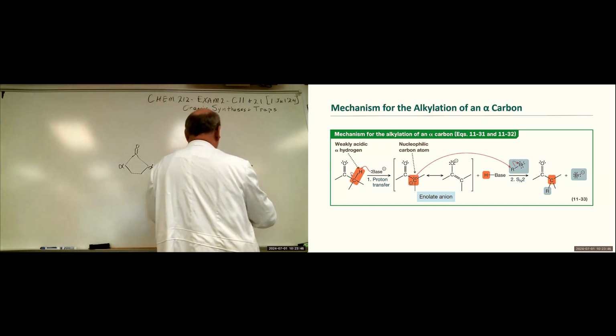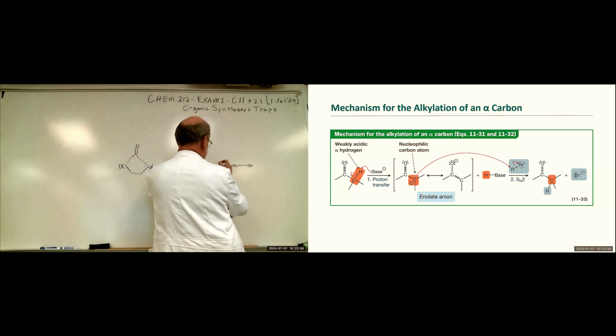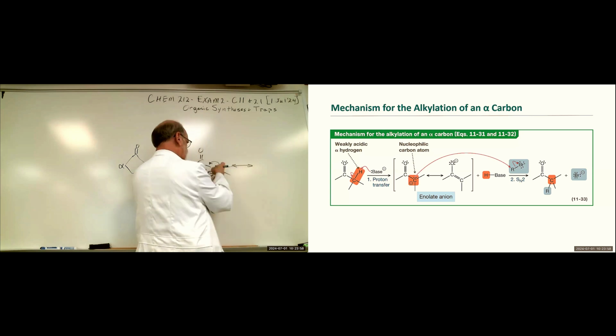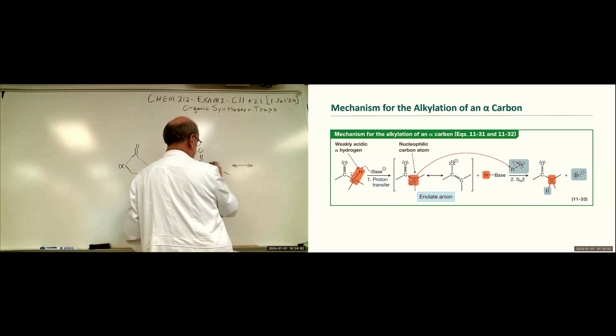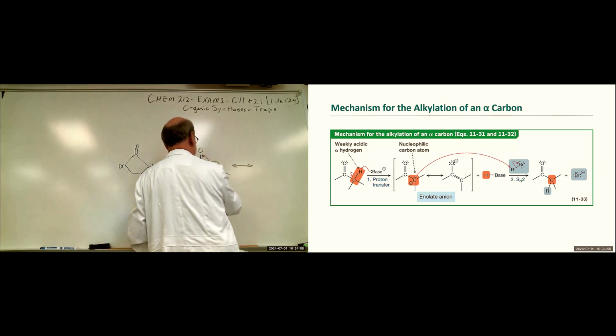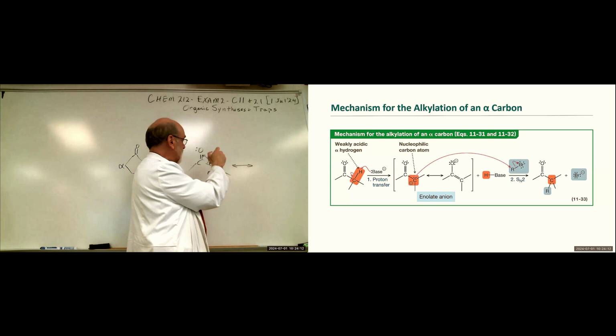Well, these extra electrons transferred over here take the negative charge away from that one. But then this forms a double bond, and those electrons have to go up here like that. So that double bond goes away, and now this one is negative.